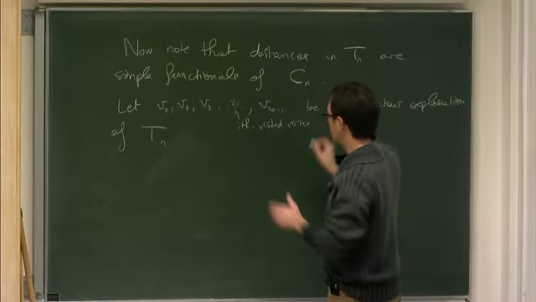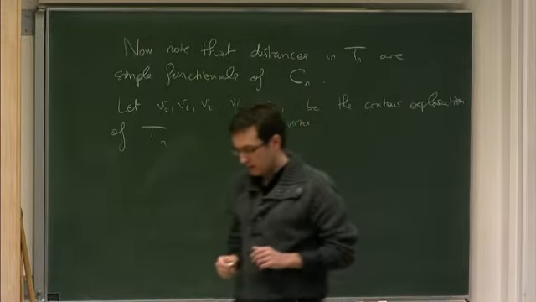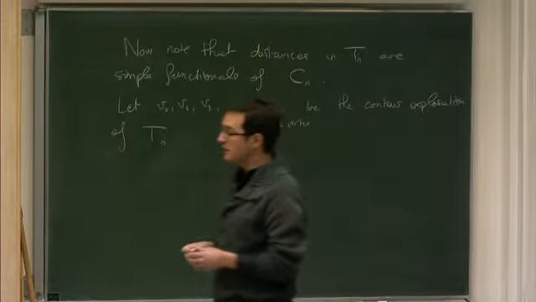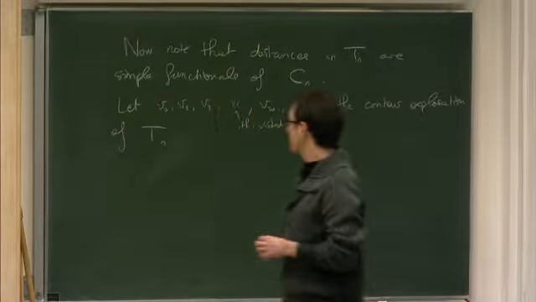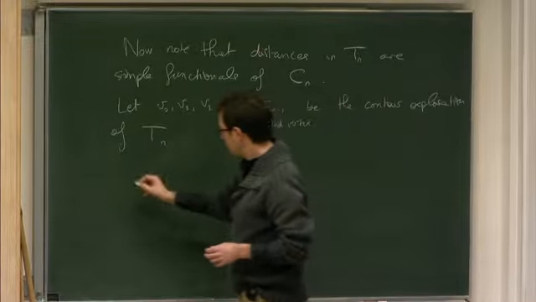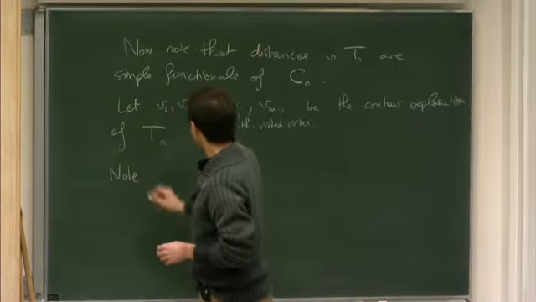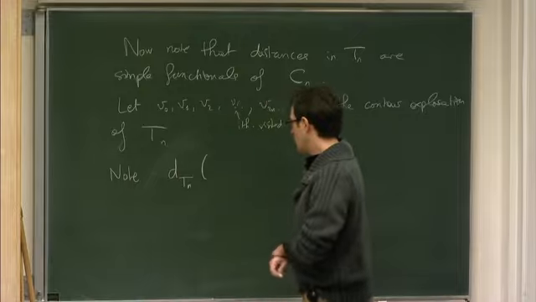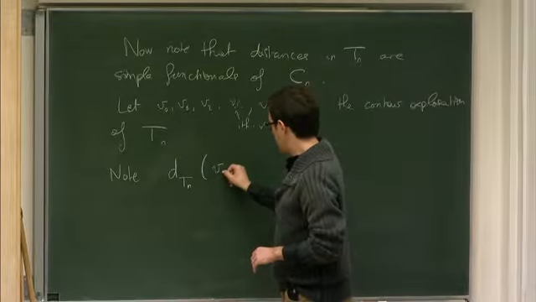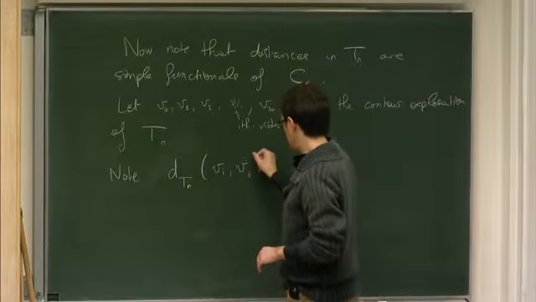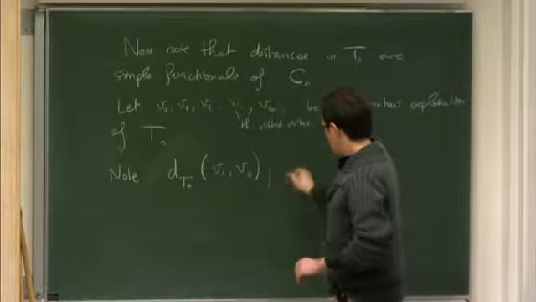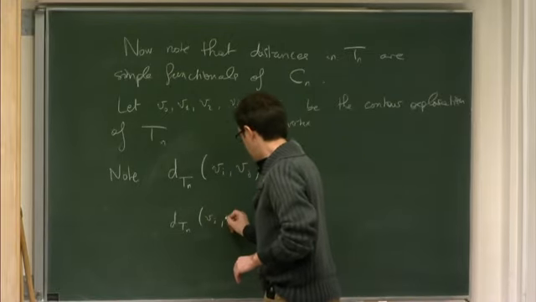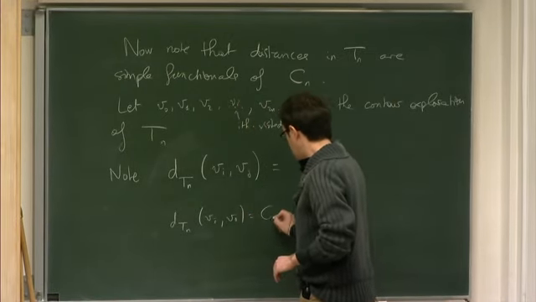Again, there are redundancies in this list. You visit every vertex as many times as its degree. Now, note that the distance in Tn between Vi and V0, by definition, is Cn of i.